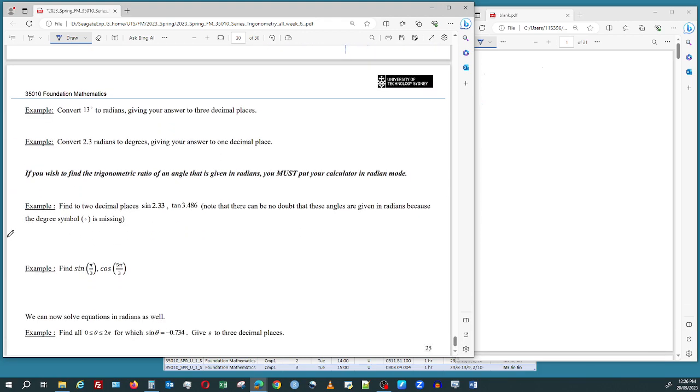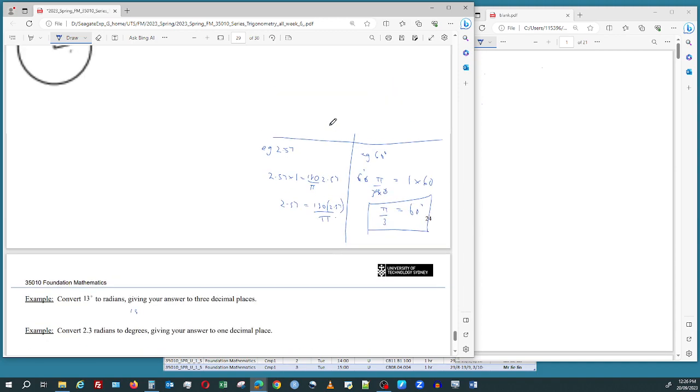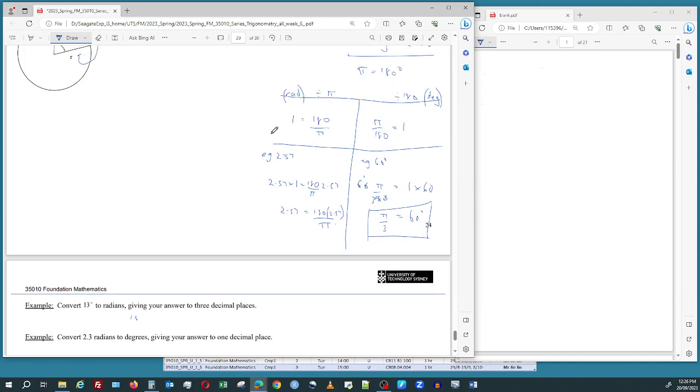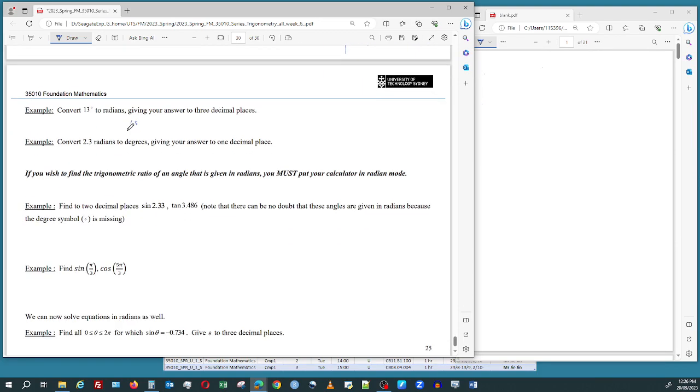Convert 13 degrees to radians, if we must. Okay, 13 degrees, so we're going to multiply, remember we had 180 divided by, if we've got 1 degree, that's this one here, so pi over 180, so it'll be pi over 180 times 13 equals 13 degrees.